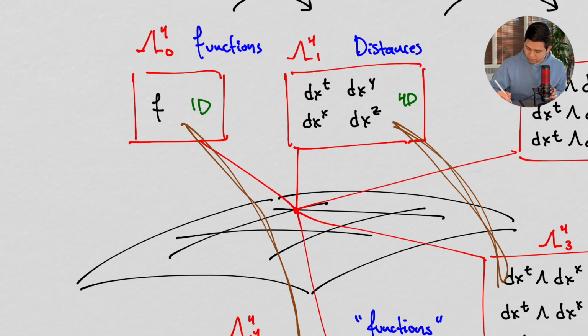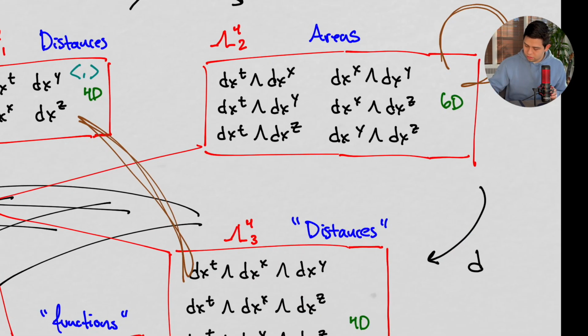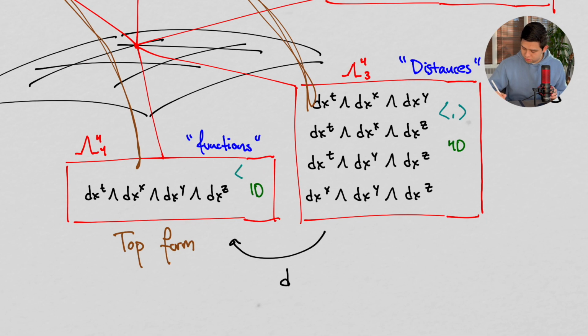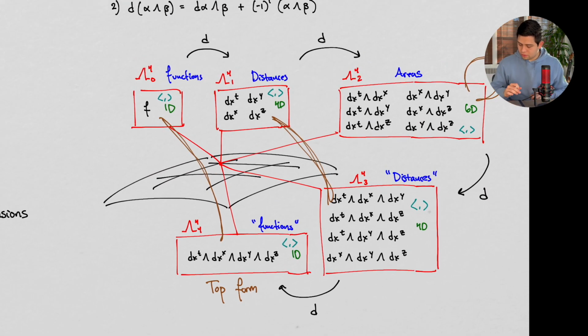I'll just draw them out in this color. We have an inner product here. We have an inner product here. We can have an inner product here as well. And we have an inner product in all of these spaces. All right. So that's our complete view of forms on this manifold. Again, the manifold is M.